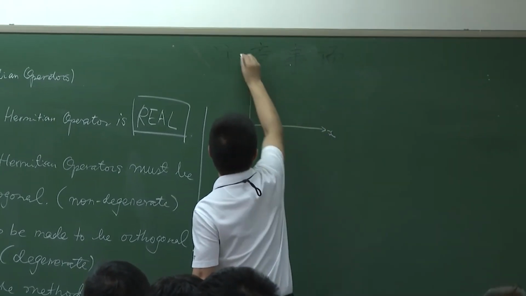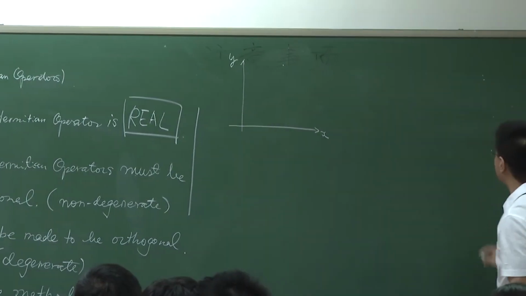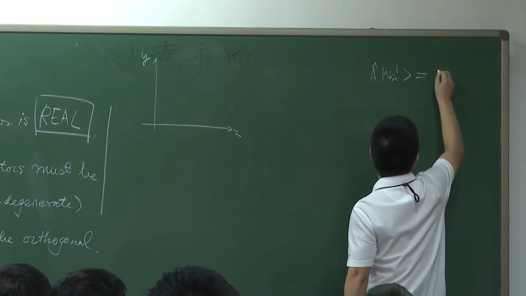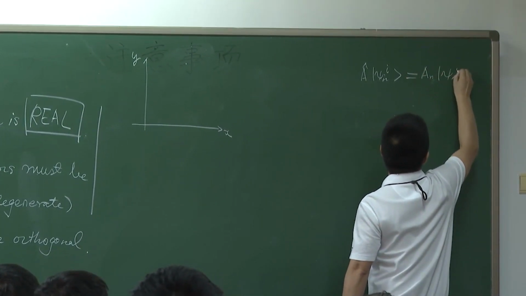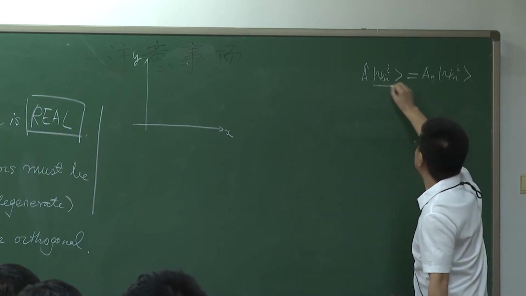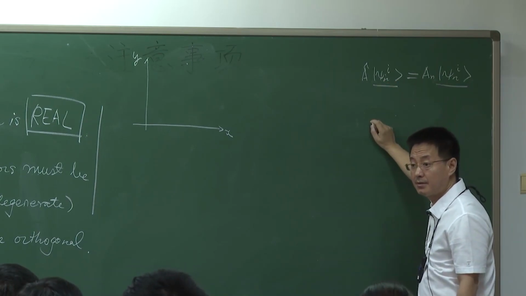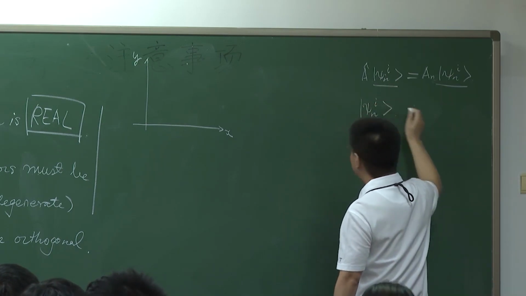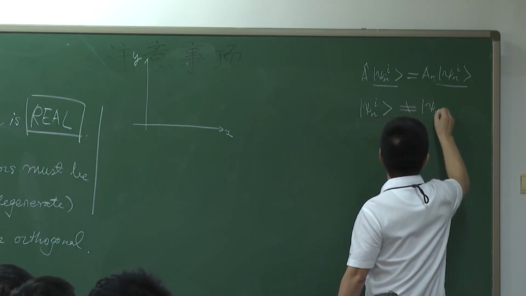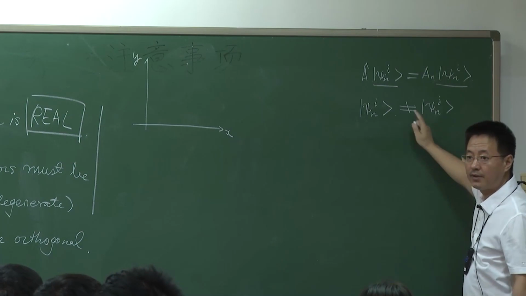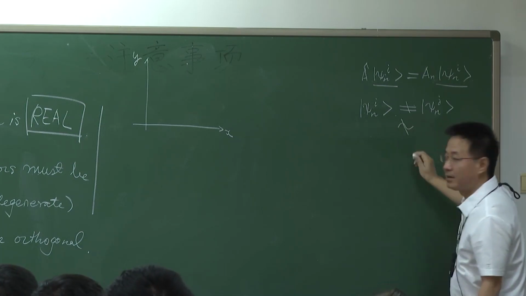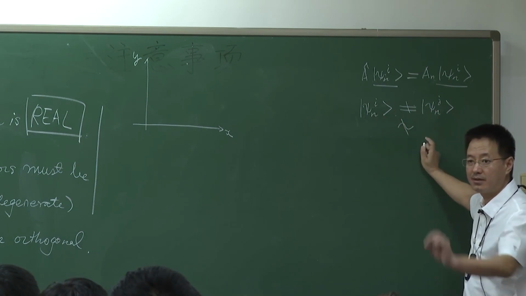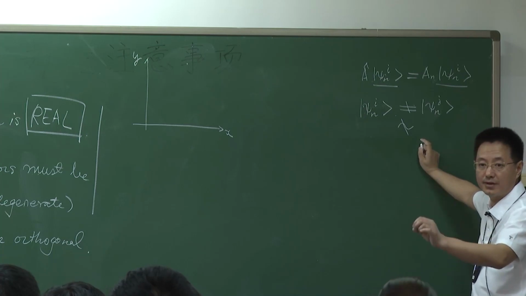We have X and Y. I have told you that A psi n i is equal to a n psi n i, right? So that means you have many different eigenstates. The eigenstates psi n i is not equal to psi n j, of course. If they are equal or equivalent to each other, that means the only difference between these two vectors is a coefficient or a global phase, right?